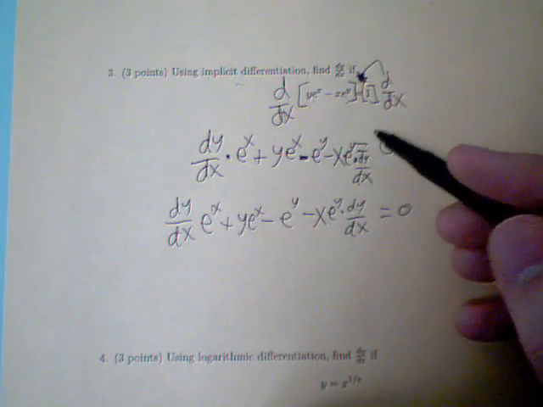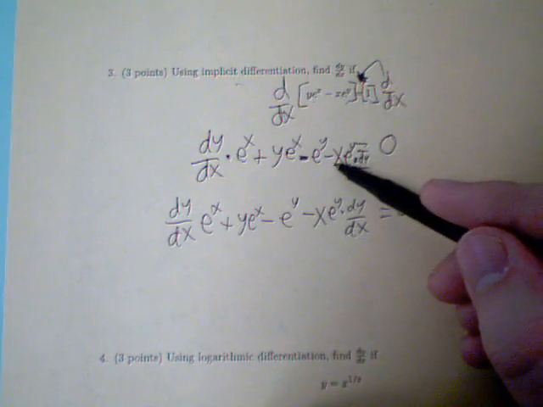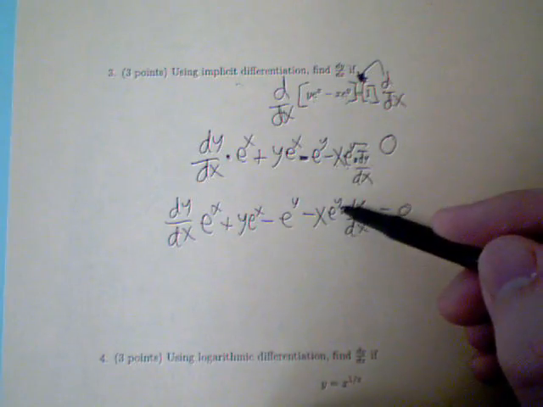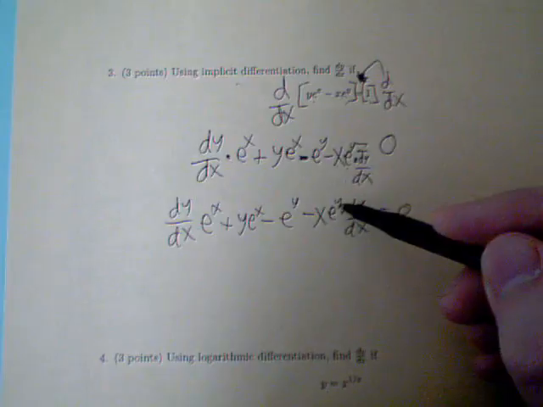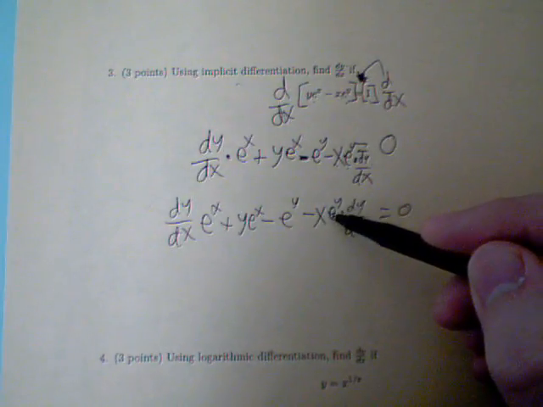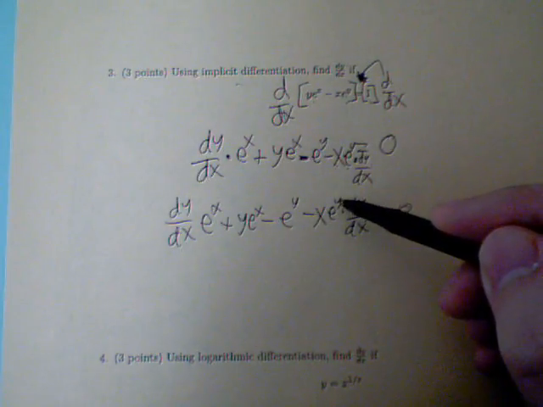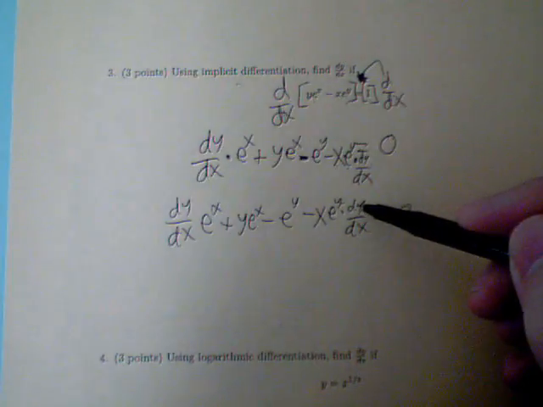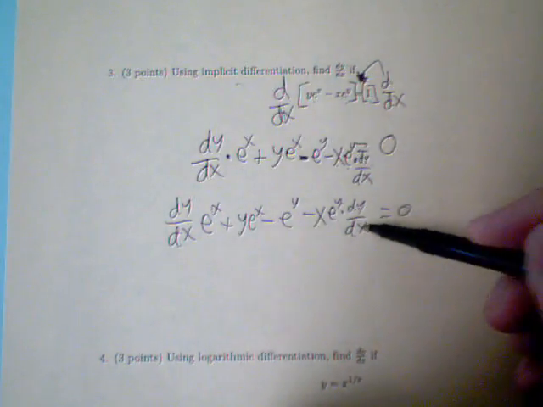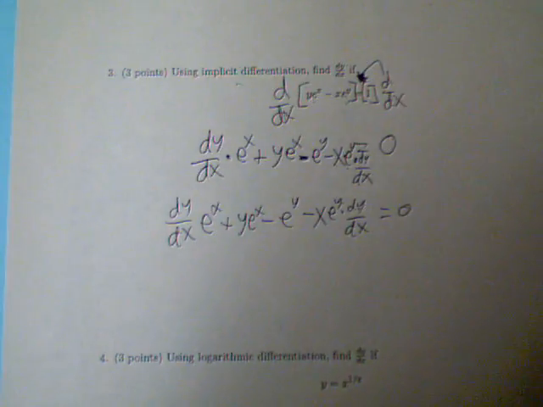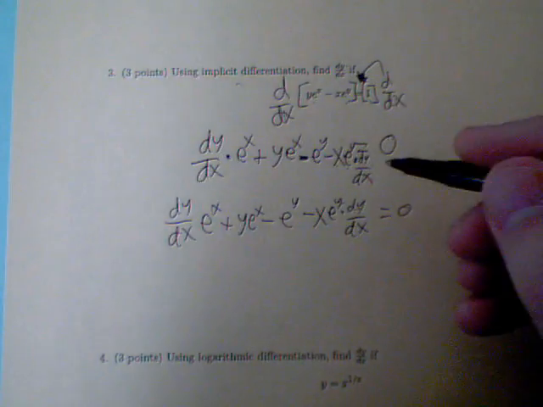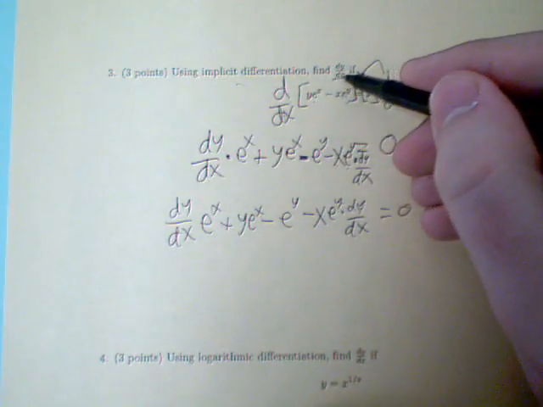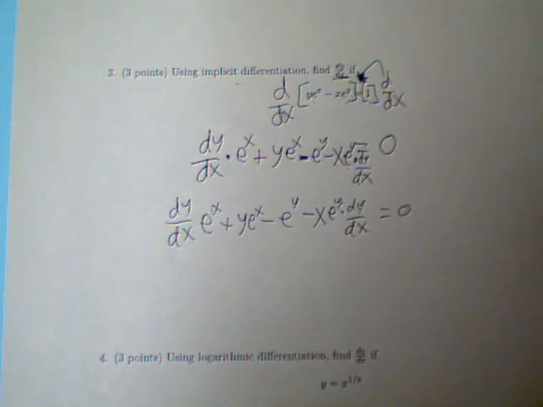Remember, you take the derivative, I've got x times the derivative of e to the y. Well, the derivative of e to the y is certainly e to the y, except I'm taking the derivative with respect to x. y is not x, so I have to multiply by the derivative of y with respect to x. Chain rule.